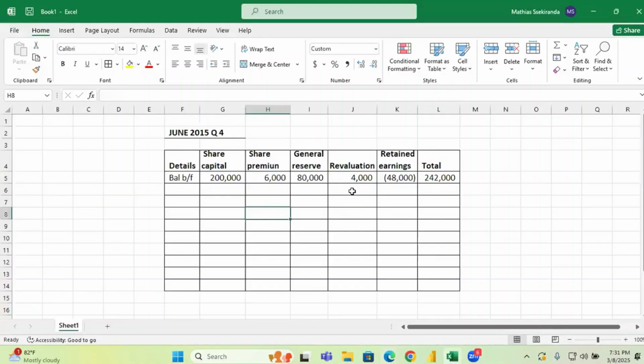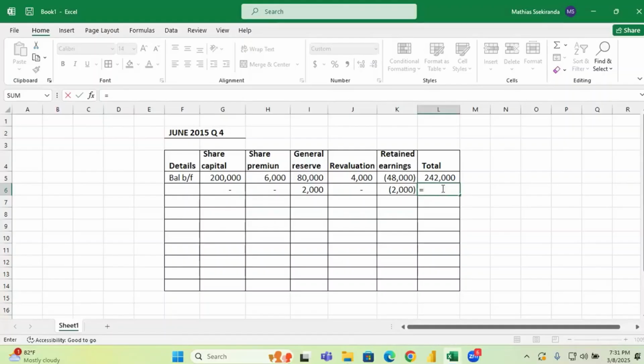So what you do, the retained earnings are losing 2,000 and the general reserve is getting 2,000. That's how we do it. This is just a matter of interpreting. The language was you transfer. Which profit for the year?